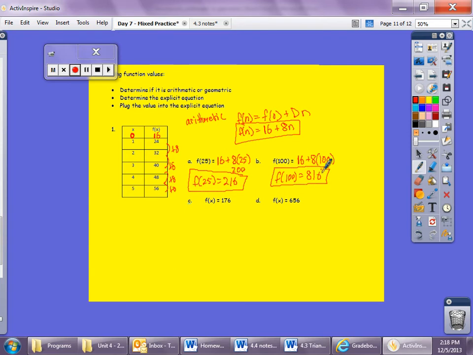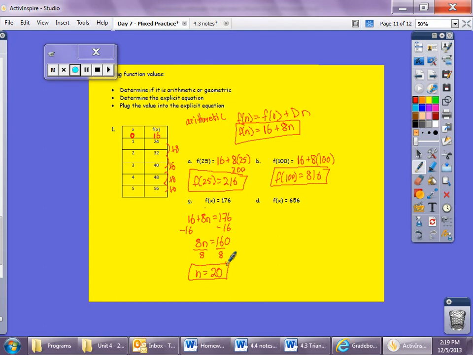Now for this one, it says f of x equals 176. Well, we're just going to take our equation. So we're going to say 16 plus 8n equals 176, and then solve it. Minus 16, minus 16. 8n equals 160. Divide by 8. So n will equal 20.